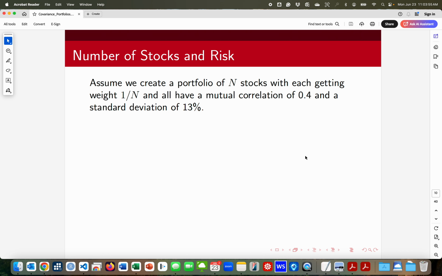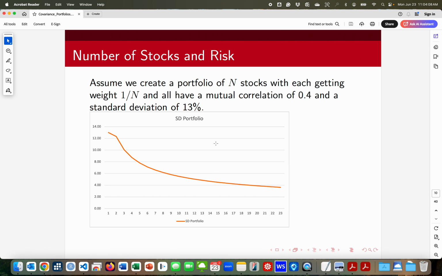So if we're thinking about the number of stocks and how that affects portfolio risk, here we're assuming a positive correlation of 0.4 and a standard deviation of 13%. Again, this is assuming mutual correlation, so we're assuming they all have pairwise correlations of 0.4, and they all have a standard deviation of 13%.